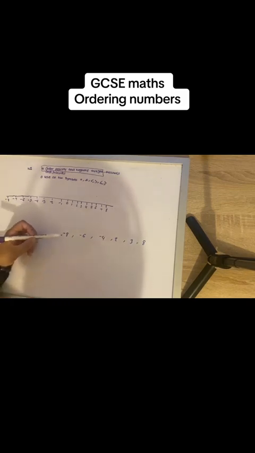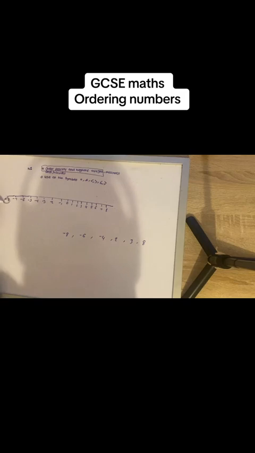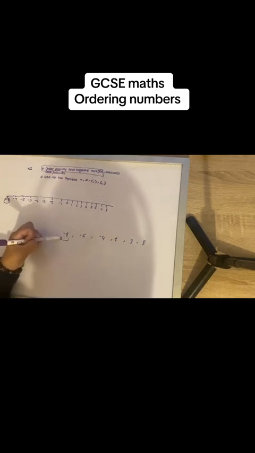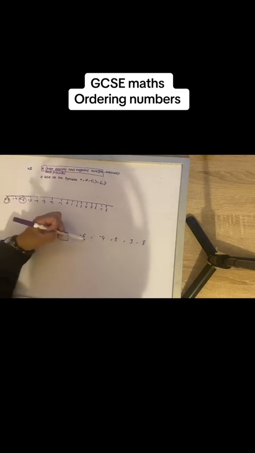So we know that the most negative number in this would be -8, as it's the lowest and it's the furthest down. So -8 would be the first. I realized that I've just written that in order. Okay, anyway, so that'll be -8. Then, as you can see, -6 is not as negative as -8. Therefore, that would go next.